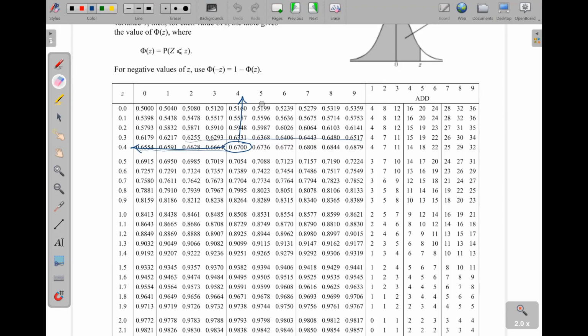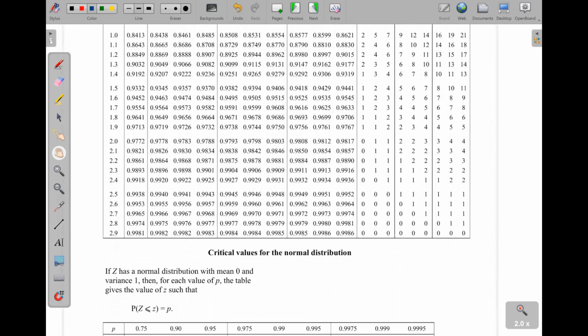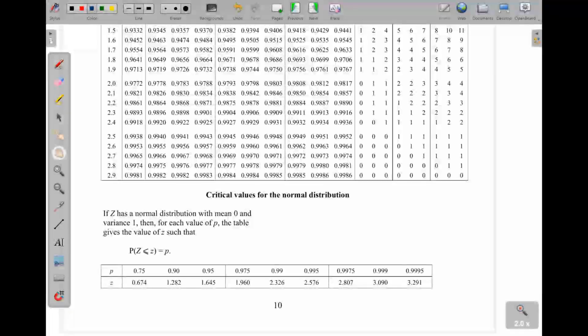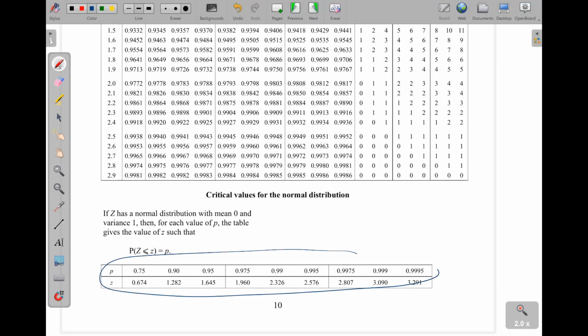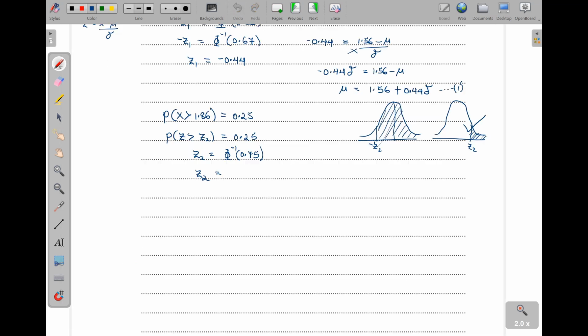So when we come to the table, for 0.75, before you even look out for the probabilities in here, always first go down here. There are these critical values in this table. Now you can see that 0.75 is there. That means the Z value is 0.674. So I will just pick that 0.674.